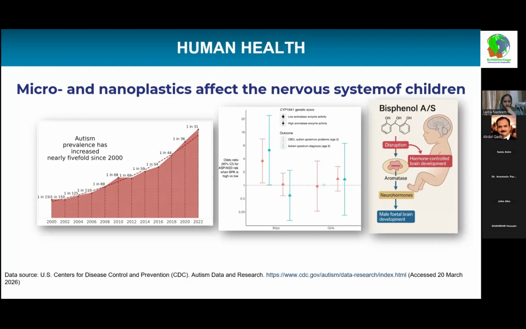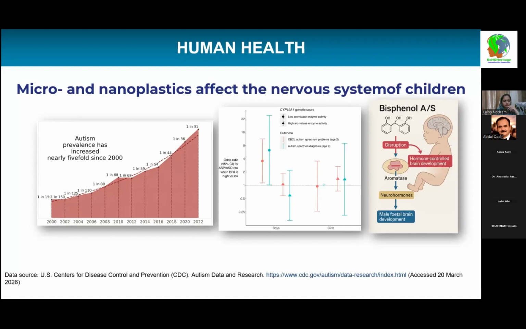And today, in the United States, approximately 1 in 31 children are diagnosed with autism spectrum disorder. So, taken together, these findings suggest that micro and nanoplastics may affect multiple organs, and they are influencing health from very early stages of life.